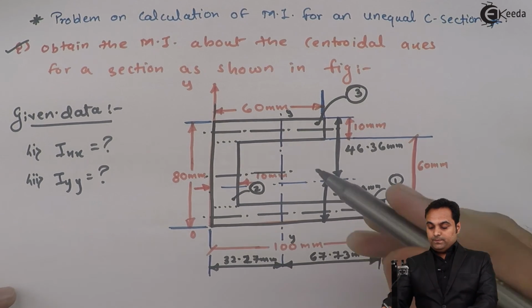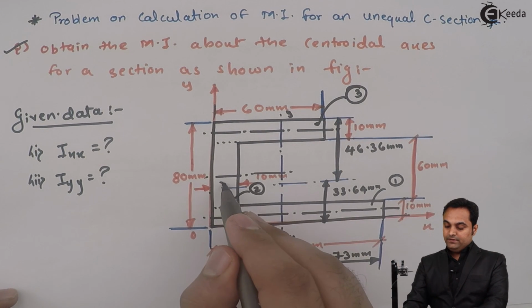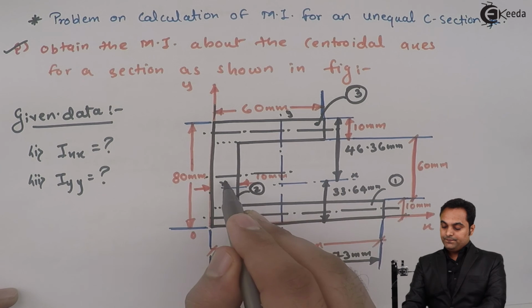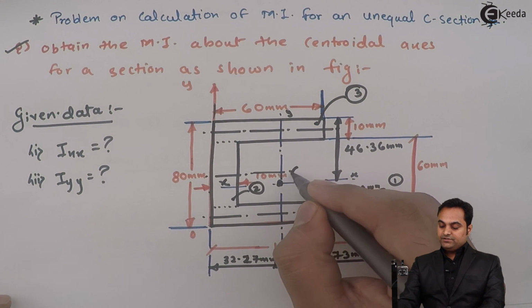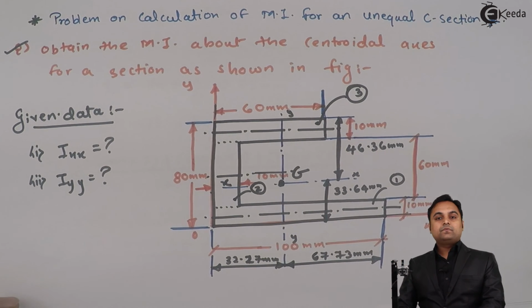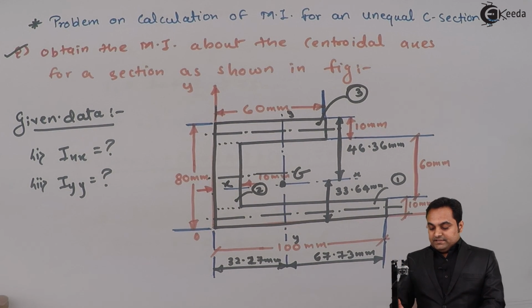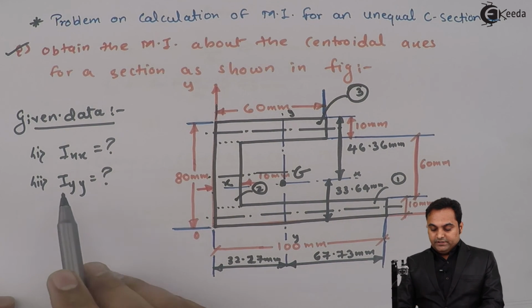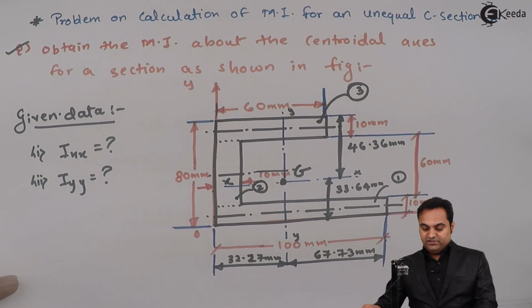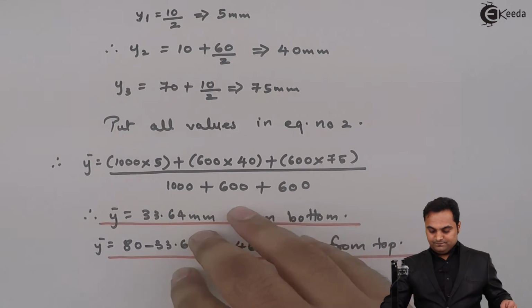Now once we know the y-axis and the x-axis, we can say that we have located the centroid, and here is the centroid G. Now as the centroid has been located, the next step would be to calculate Ixx and Iyy. So we'll first start with Ixx.